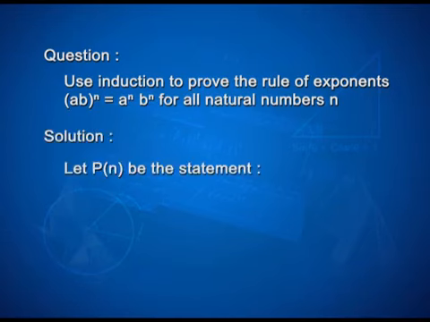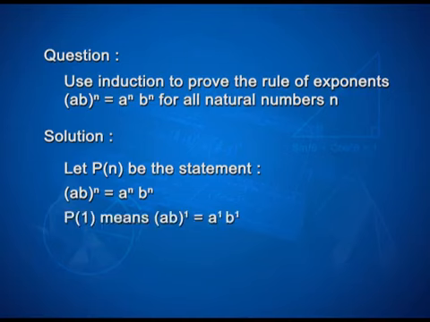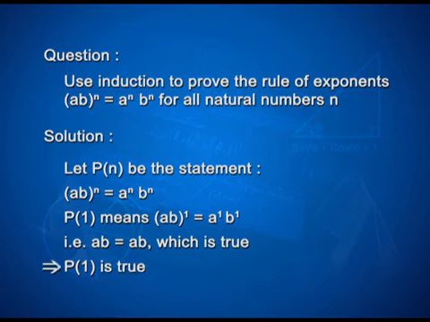For the solution, let P of n be the statement ab whole raised to n is equal to a raised to n into b raised to n. P of 1 means ab whole raised to 1 is equal to a raised to 1 into b raised to 1. That is, ab is equal to ab, which is true. That implies P of 1 is true.